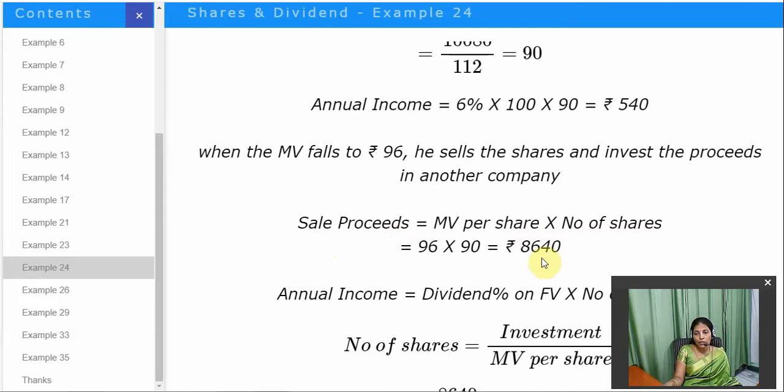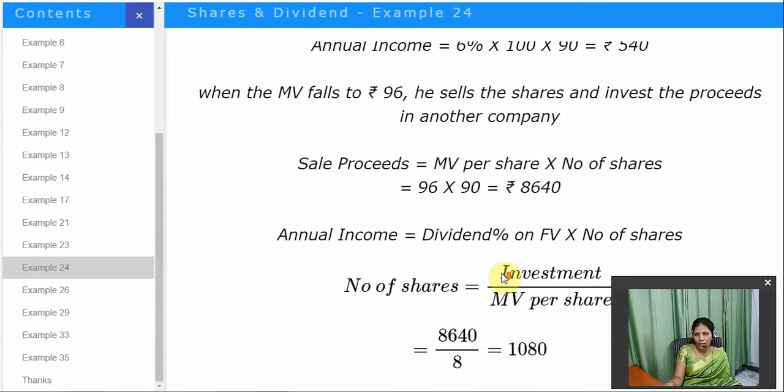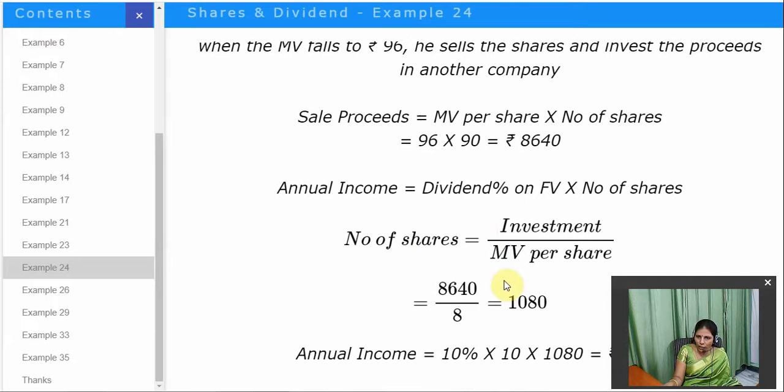Now with this amount, what is he doing? He is reinvesting in a company, and you need to find out the annual income of that company. So this is the main formula to find the annual income. Annual income is equal to dividend percentage on face value into number of shares.